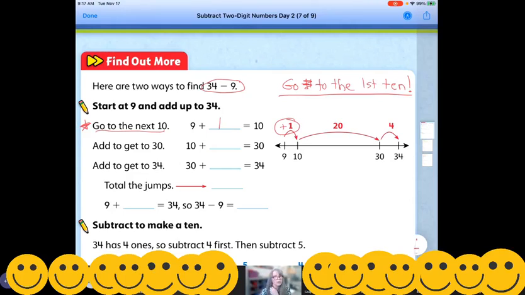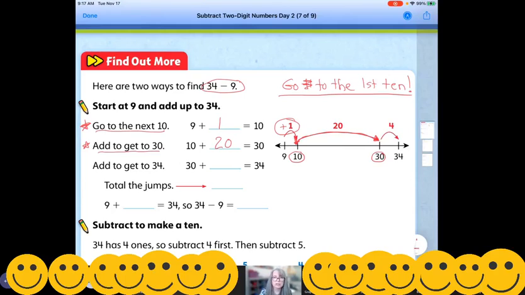We added 1 first. The next step, step number 2, we're going to add to get to 30. We're going to start at 10 because that's where our number line took us to. We're going to start at 10 and add, as Trenton told us, we're going to be adding 20 on the next step. So 10 plus 20 gets us to 30.